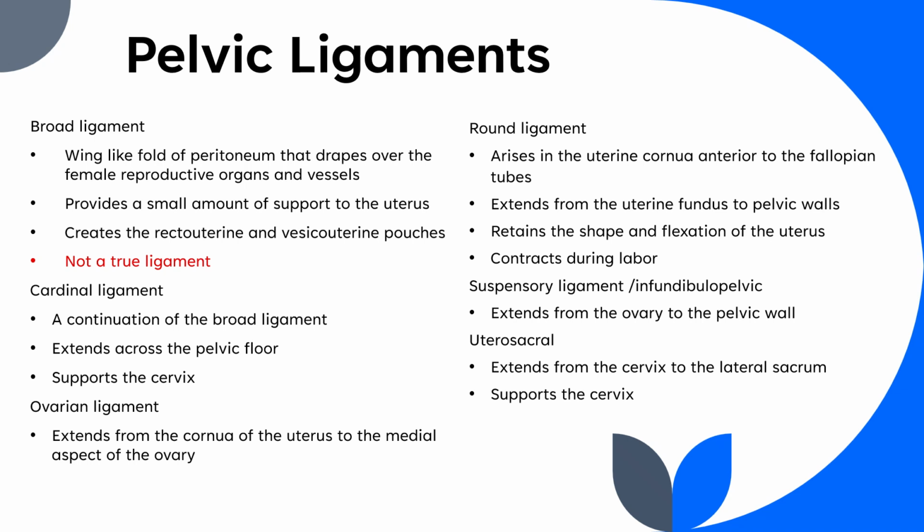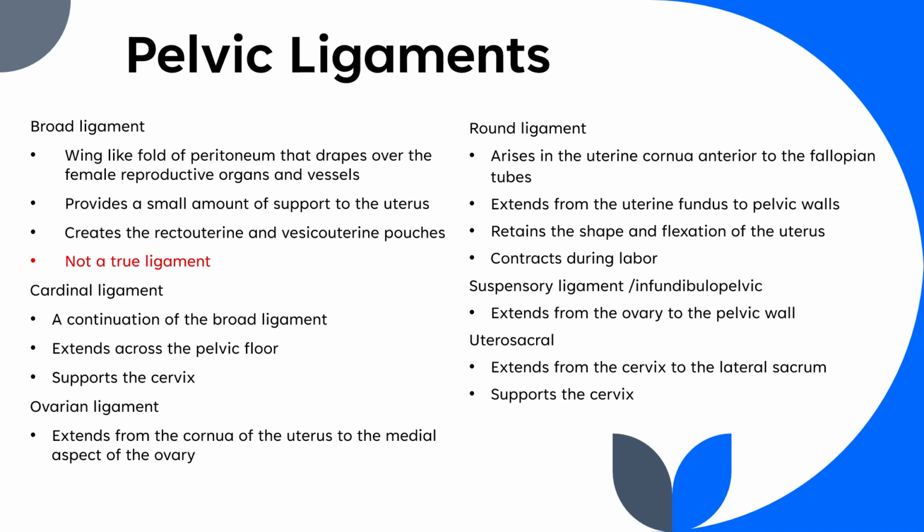And it drapes over the anterior portion. It only provides a very small amount of support to the uterus and really isn't even a true ligament because it doesn't support any organ in any great capacity. But it does create our rectouterine and our vesicouterine pouches. So that anterior pouch and that posterior pouch, the reason we have those is because of this broad ligament.